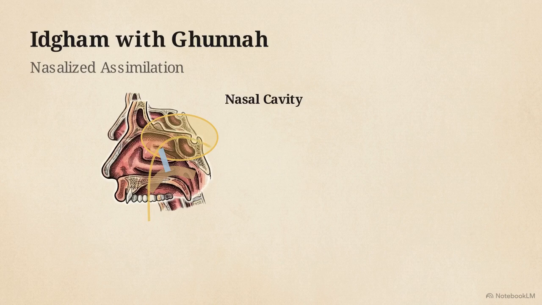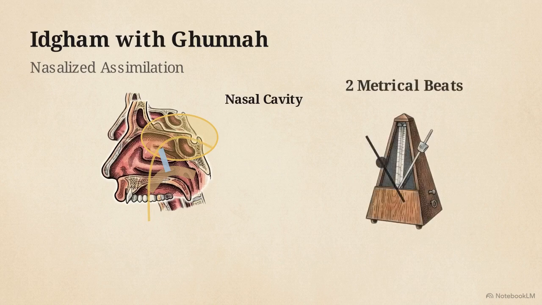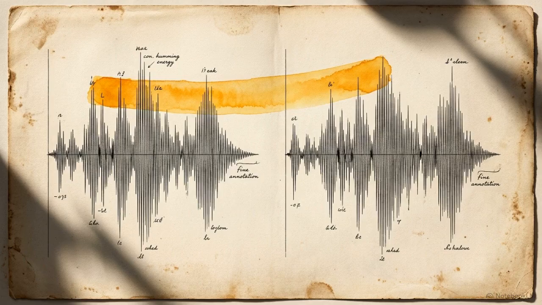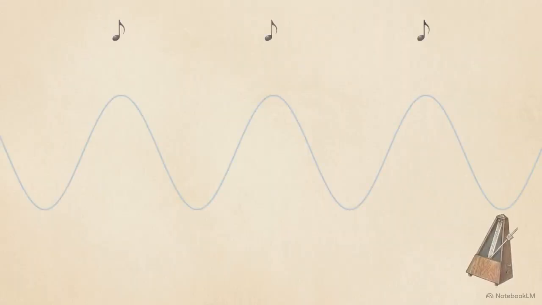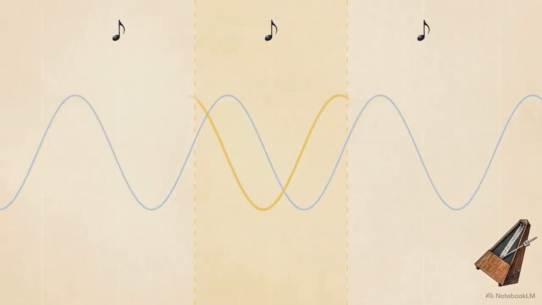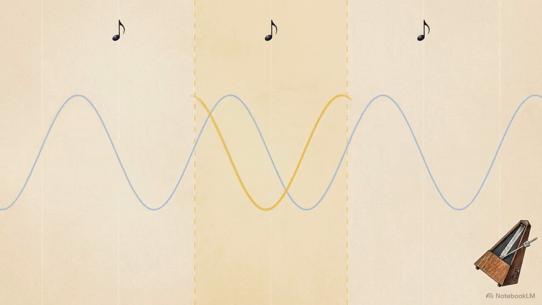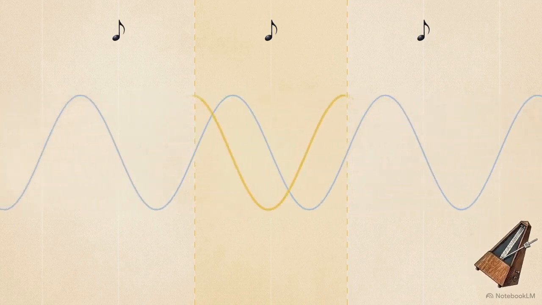It forces a continuous stream of air into the nasal cavity, sustaining a resonant hum for exactly 2 metrical beats. In practice, this transforms 2 distinct words like man yakulu into the continuous sound of mayyakulu. The sound remains trapped in the nasal cavity, acting as a bridge between the original N and the target ya. Incomplete assimilation resolves articulatory friction without breaking the strict 2-beat rhythmic architecture of the surrounding text.